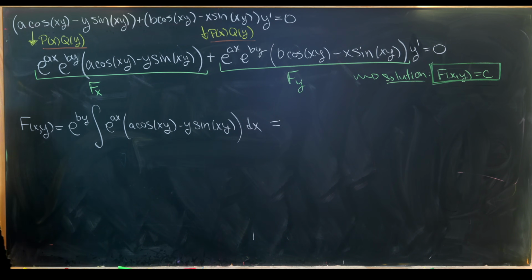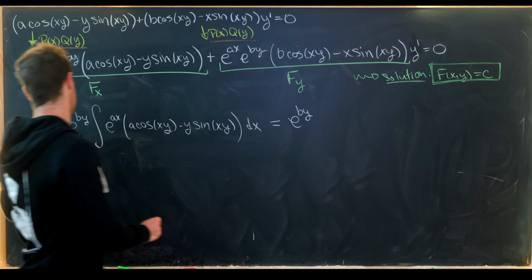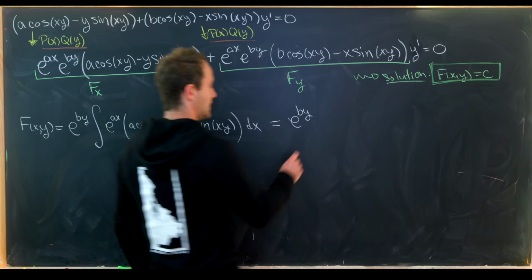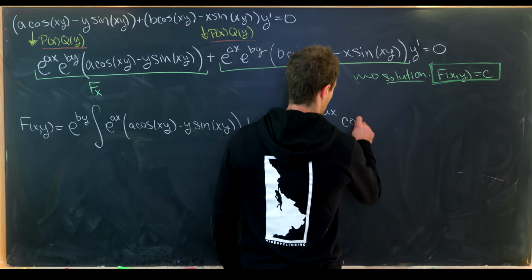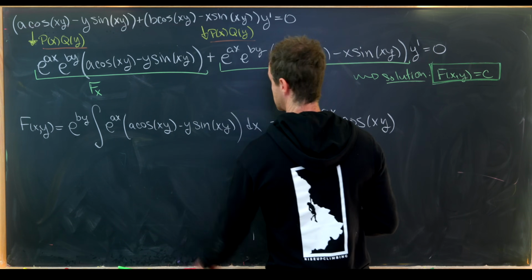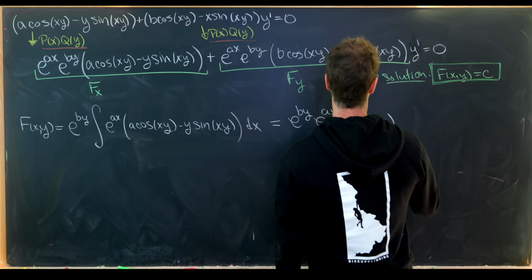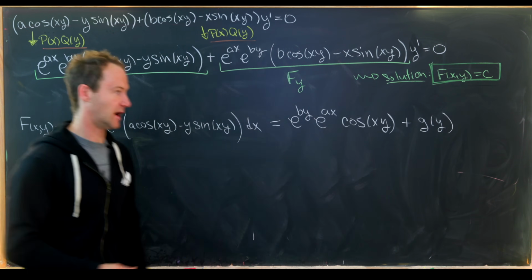What you end up with for this antiderivative is e to the by, which comes down from here, and then e to the ax, and then the cosine of xy plus a constant, but this constant will be a function with respect to y.